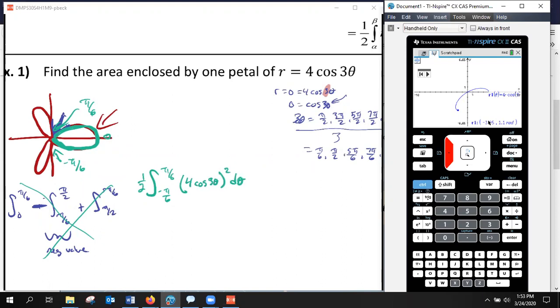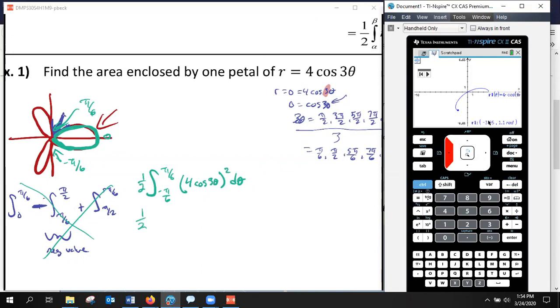I hope everybody is with me on this one. And then how do I integrate that? Well, I can go ahead and use a calculator, but that's not fun. Let's do this one by hand, and then we'll use the calculator to check us at the end.